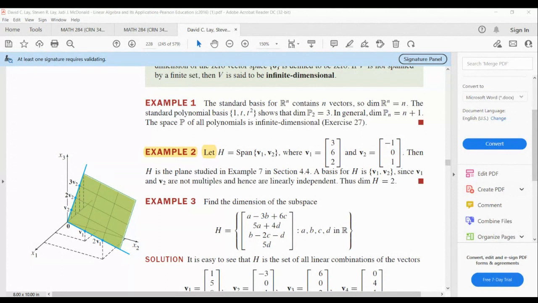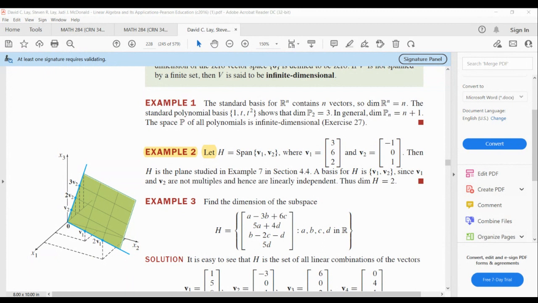So there is the plane, picture of it to the left. The span of the two vectors is any linear combination of those two linearly independent vectors. That would trace out a plane in space.